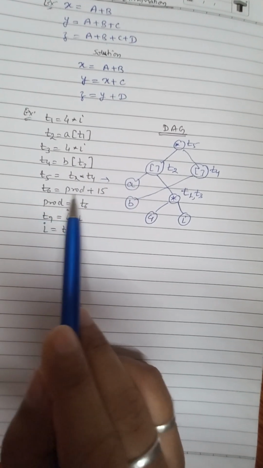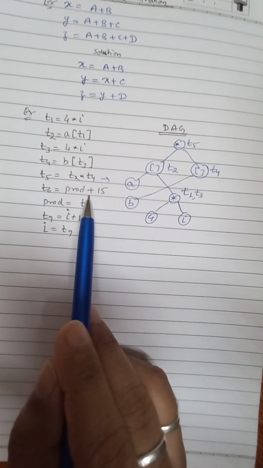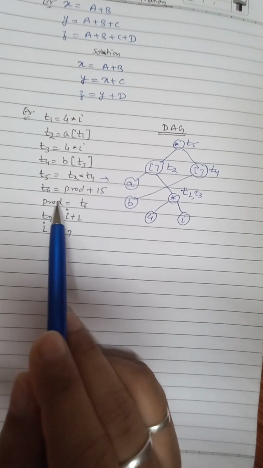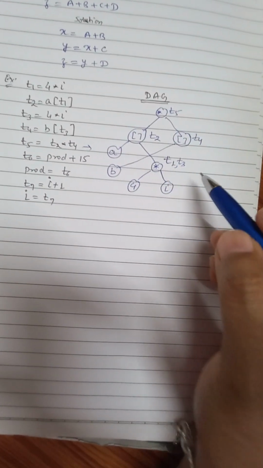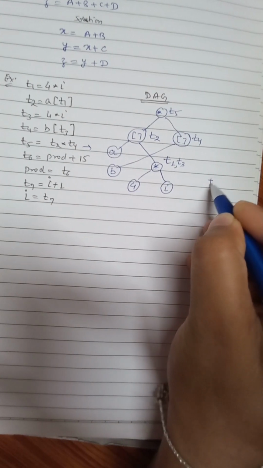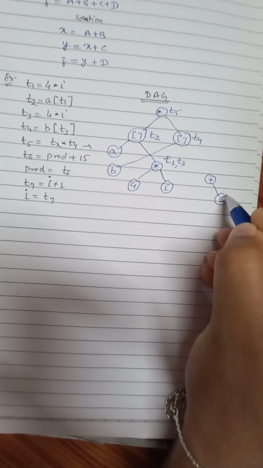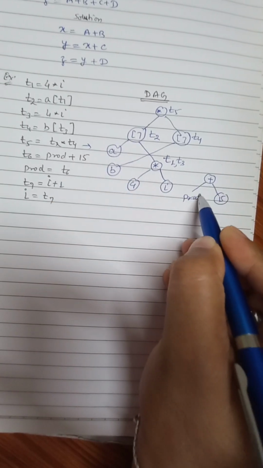We have left T6 is equal to product plus 15, right? And we have to assign its value to T6. These two lines are together, so I can draw it here, and this is not correlated with the rest, so I am drawing it separately. You can see here plus, 15 and prod.